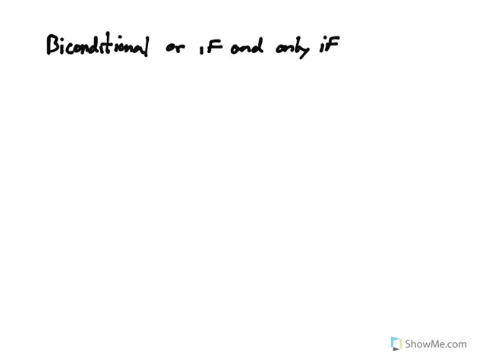We're still going to use P and Q as our propositions because it's so frequently used, so we'll just be consistent. Our first column should always be P, and the second column should always be Q.